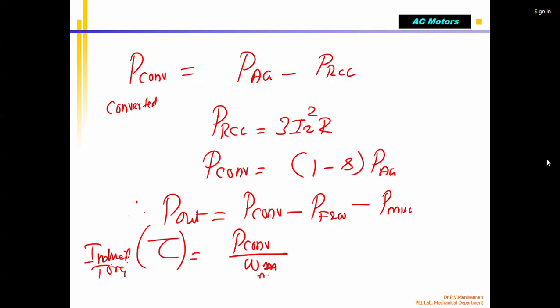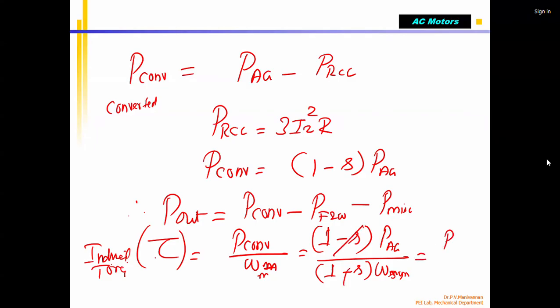Omega, this is subscript m, okay, can be written as 1 minus S into PAG divided by 1 minus S into omega sync, the synchronous speed. We know NS can be reduced. So this and this go away. So you can say that induced torque equal to PAG divided by omega sync, the synchronous speed.